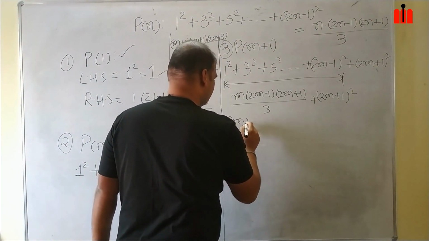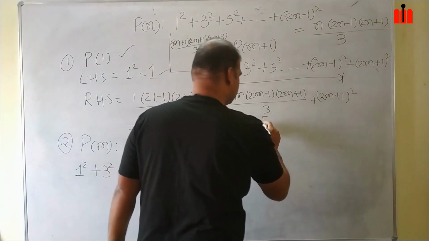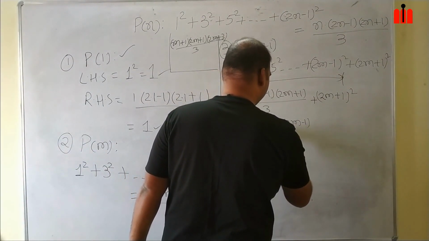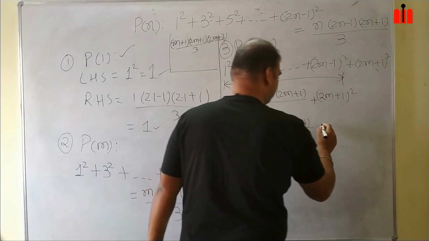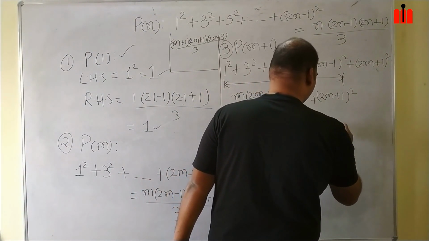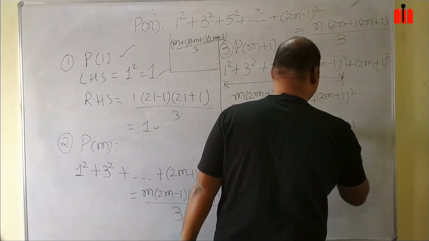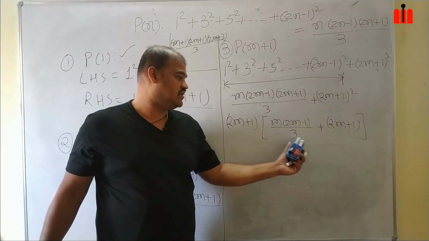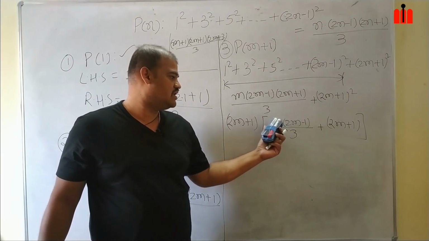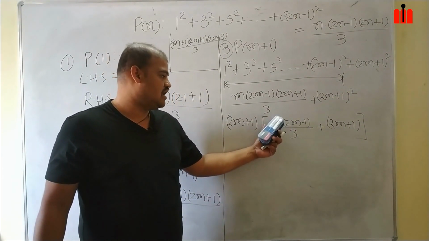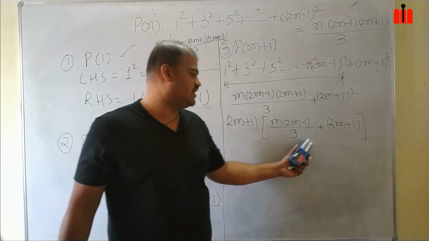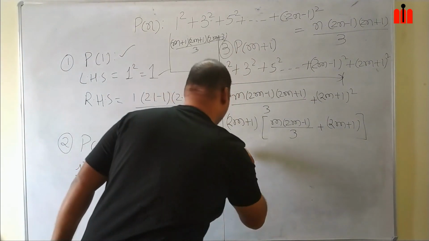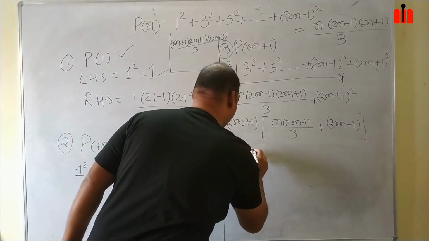So I will get (2m plus 1) times [m(2m minus 1) by 3 plus (2m plus 1)]. Now I will take the LCM and multiply m and 2m minus 1. Then I will get 2m plus 1.